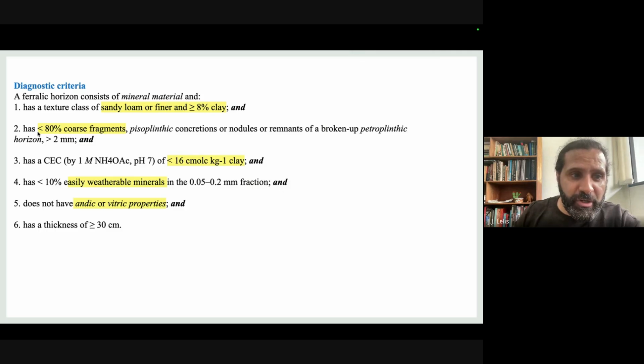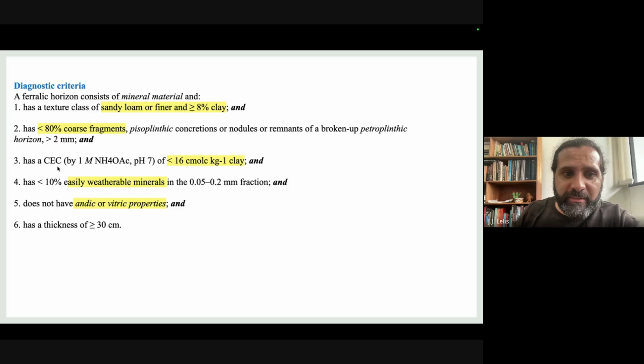It should register less than 80% of coarse fragments, petroplinthic concretions or nodules, or remains of a broken petroplinthic horizon. Okay, and they should register less than 2 millimeters. So these fragments should be less than 80%.